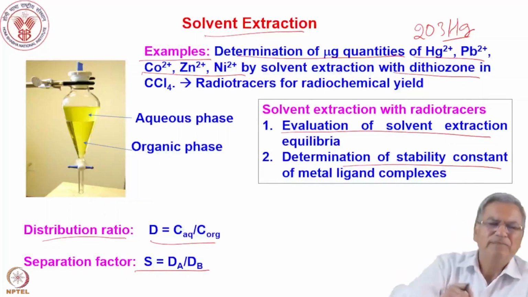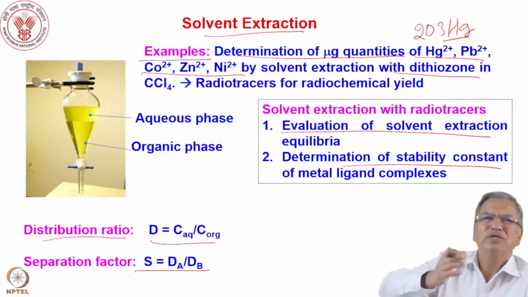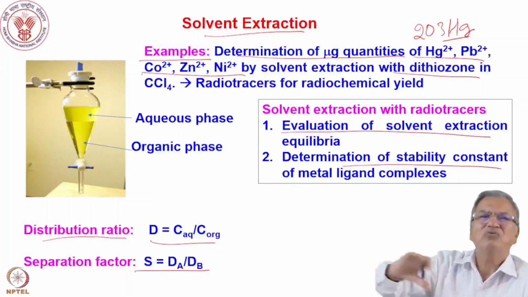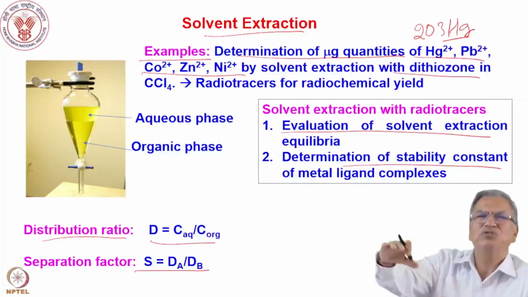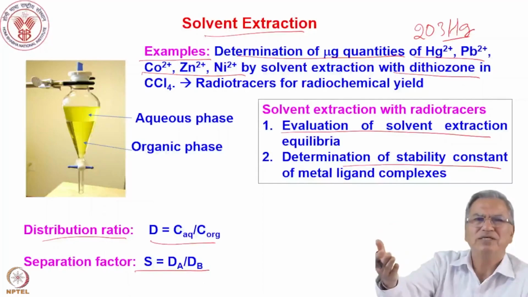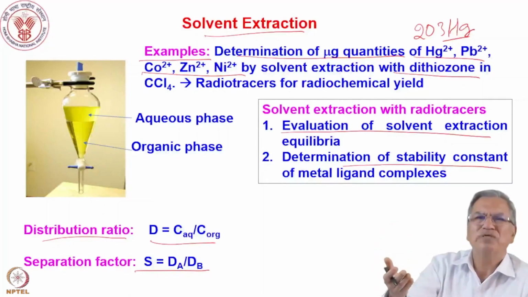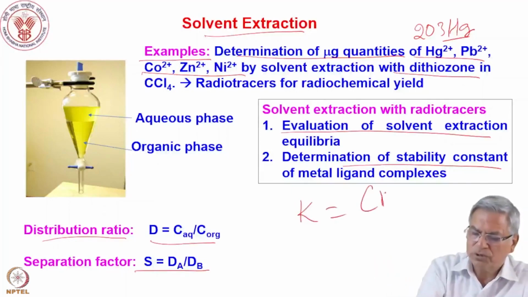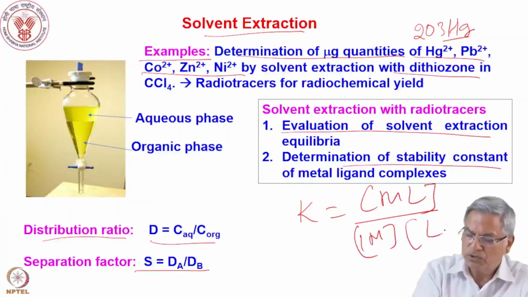For example, if the metal-ligand complex is going into the organic phase, you can do solvent extraction as a function of ligand concentration, and find out the concentration of the ligand at which the metal-ligand complex gets into the organic phase. Then you can set up the equations for finding the stability constant, K equal to the concentration of ML upon the concentration of metal times the concentration of ligand.